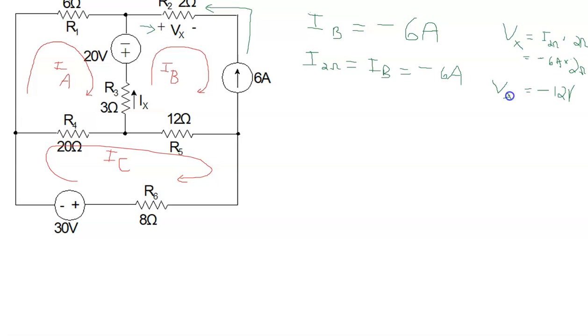And remember, the negative 12 is because of the polarity direction that's indicated here. So opposite to that, right?